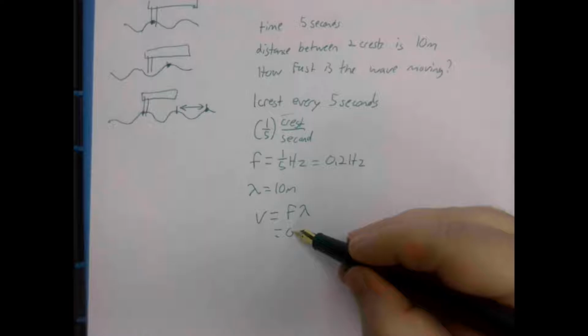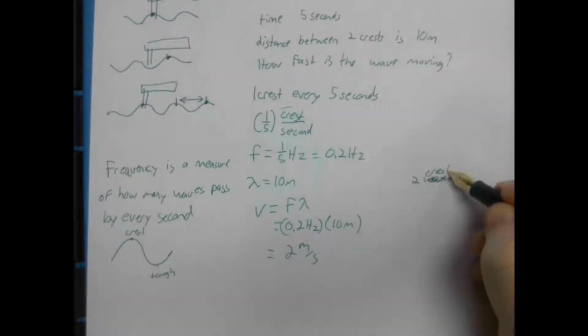You simply count how many crests are passing by a point every second. That tells you how many waves per second. Let's say that you want to be very accurate.